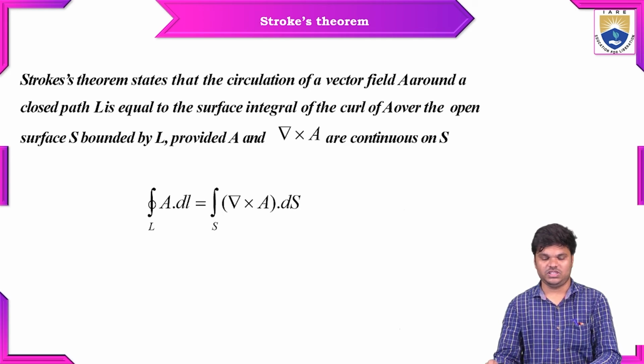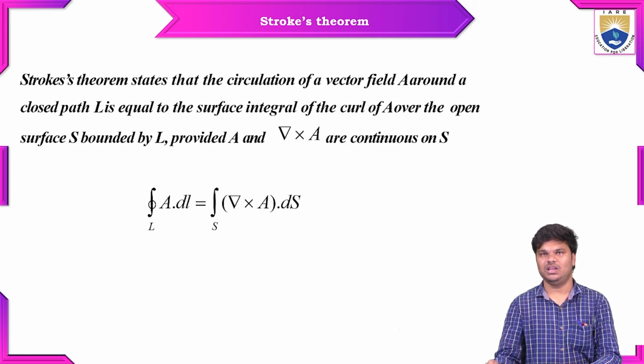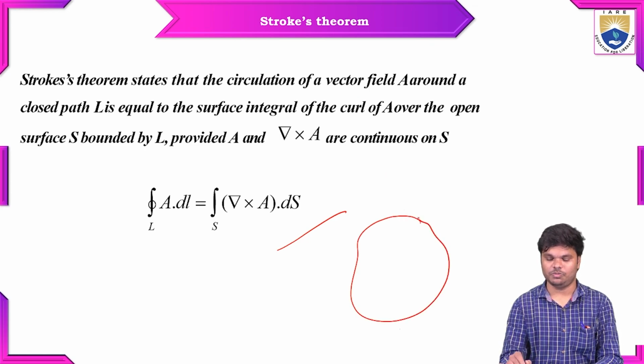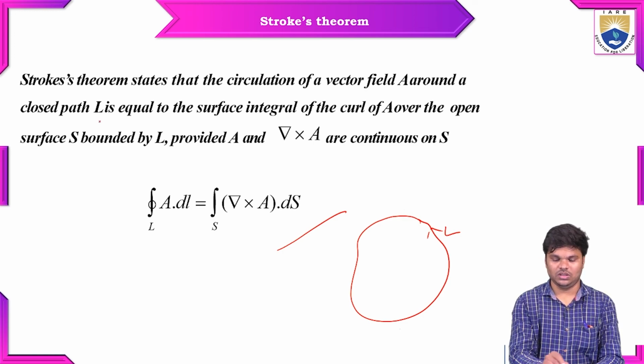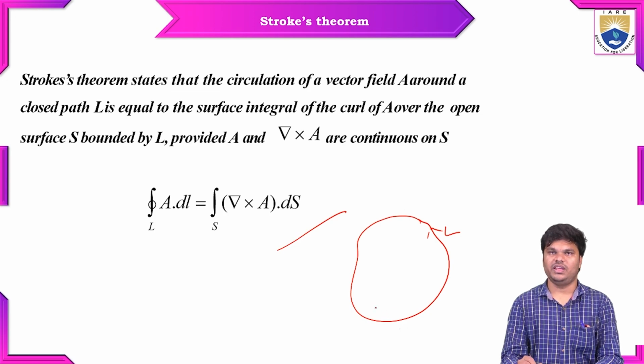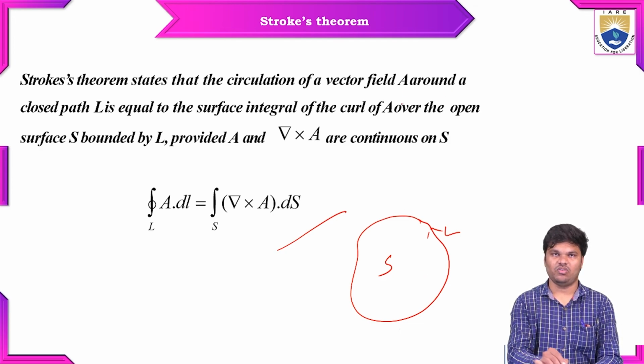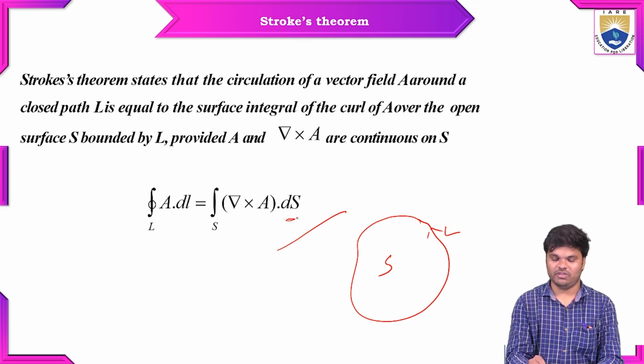Similarly, if you see Stokes' theorem, line integral of a vector is nothing but the surface integral of curl of that vector. It states that the circulation of a vector field A along a closed path. This is the closed path. Okay. And if there is some vector A which is continuous on S, this is the surface, then the circulation of vector A around the closed path is equal to the surface integral of curl of A over the open surface.